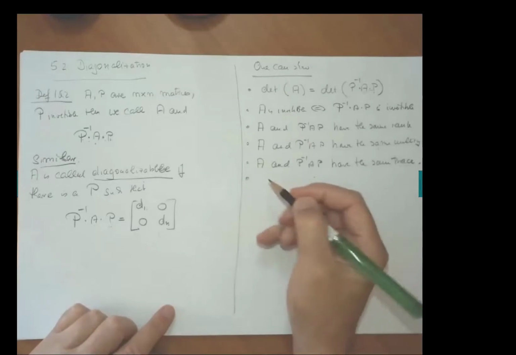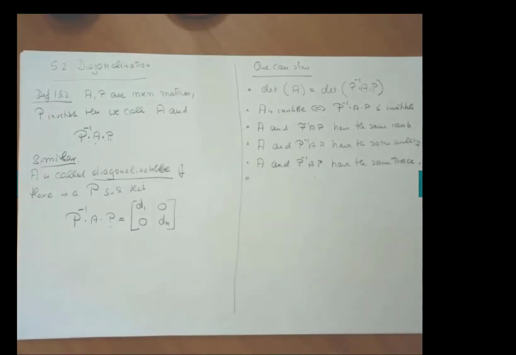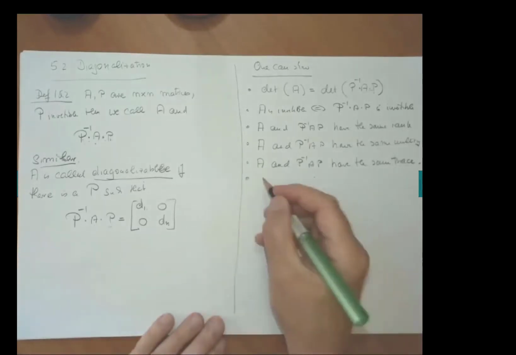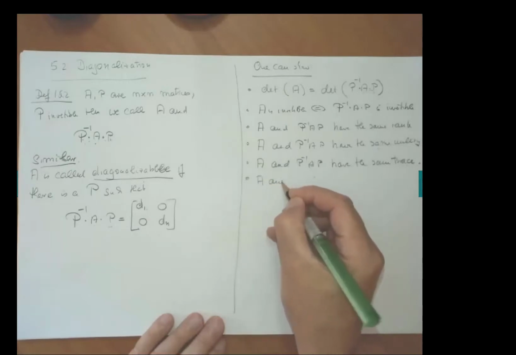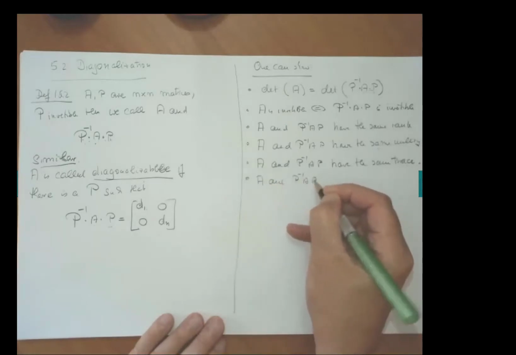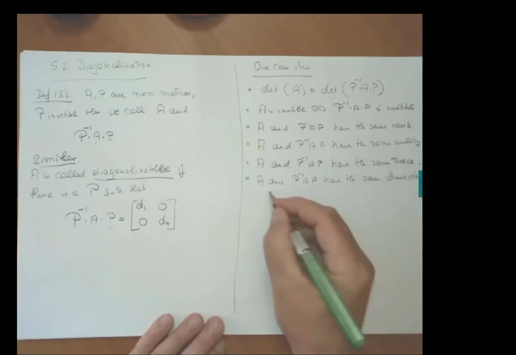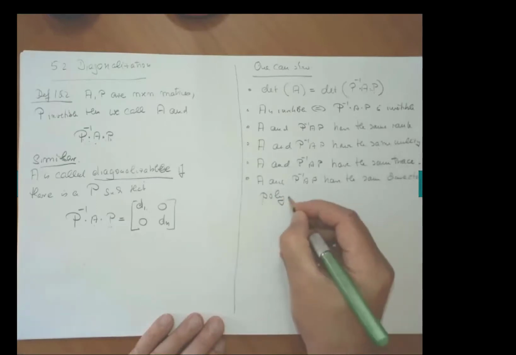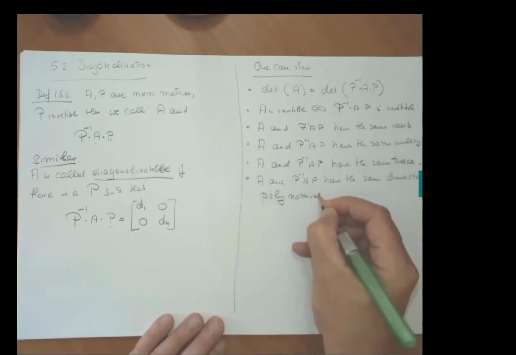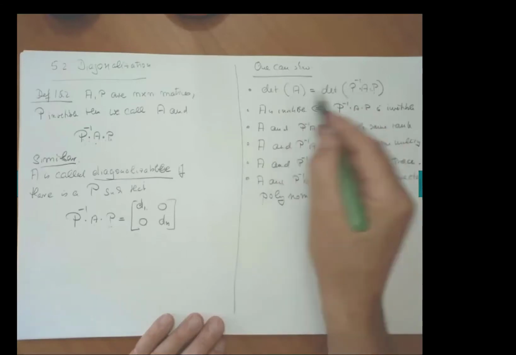So again, something we have not done, but it's not so difficult to show. And so the next one is that A and P inverse AP have the same characteristic polynomial. Again, that follows from this here.